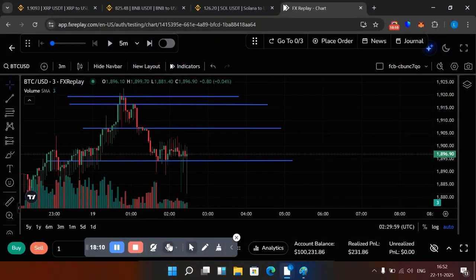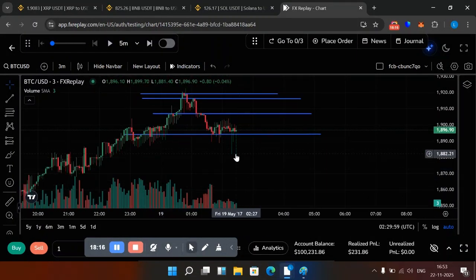Okay, the chart is moving irregularly here, but we went towards our target and again we failed. But I don't know why this wick is so long till here. This is not actually a good chart here.